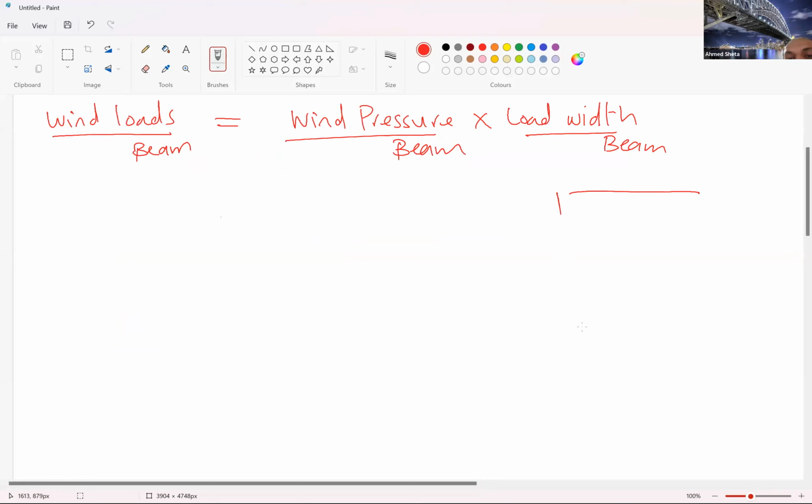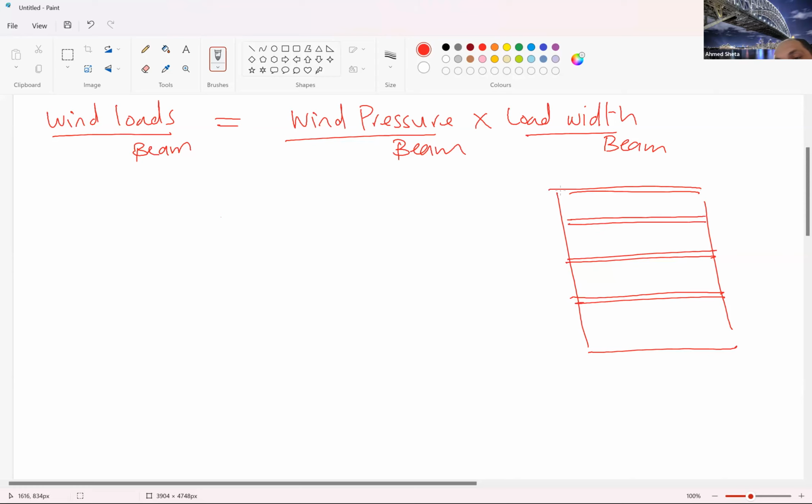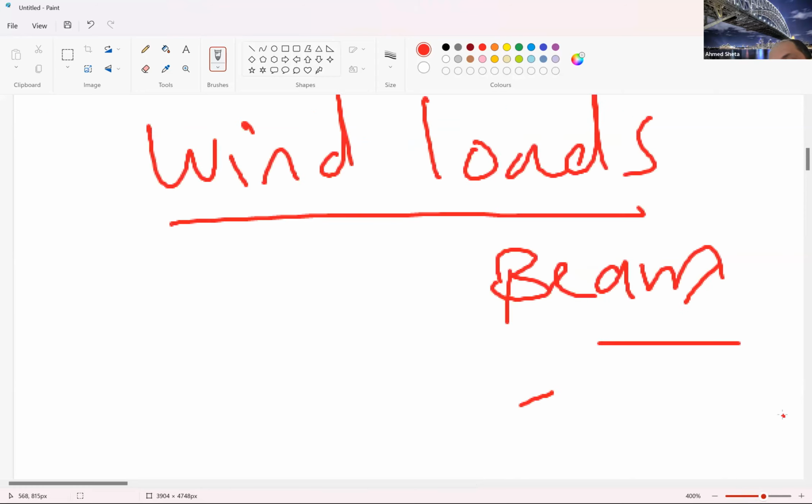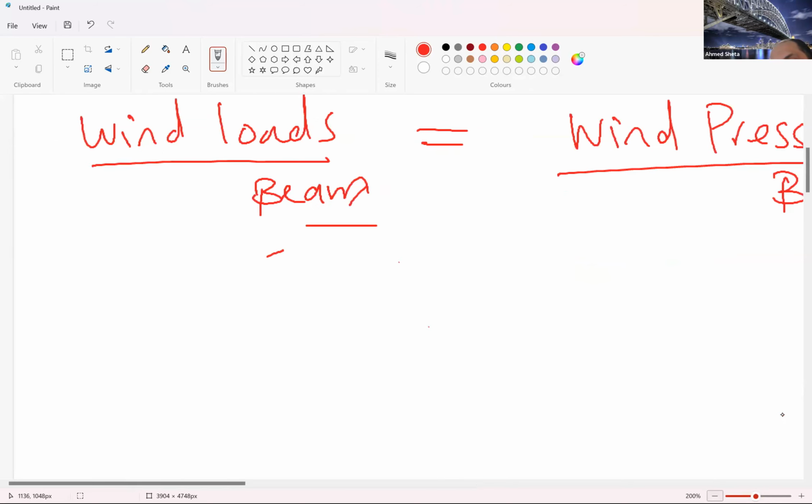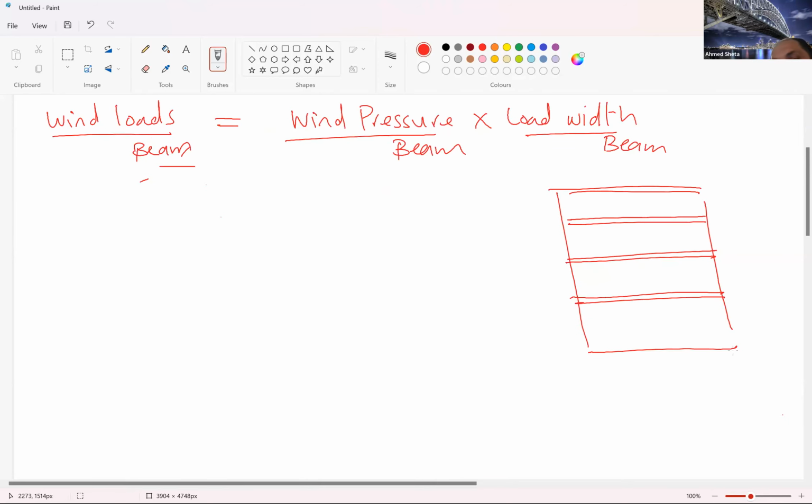So for example, for our shed or our plan, if these are the beams, I will name this B1. What is the load width for B1 again? If this was 7 meters. 7, yeah, 7.